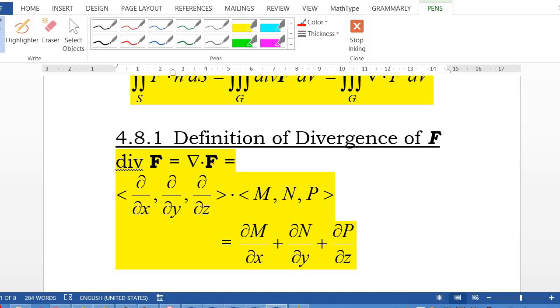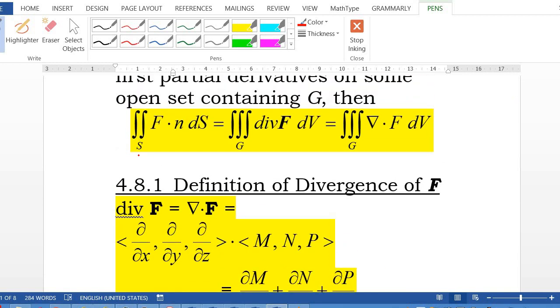That's why del dot F gives del M/del x plus del N/del y plus del P/del z. So instead of evaluating the flux integral for a sphere 2 times or a cube 6 times, you just need to evaluate the triple integral of del dot F. First you find the divergence of F, and later it becomes a problem of a triple integral.